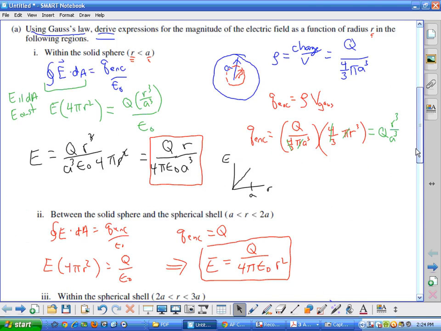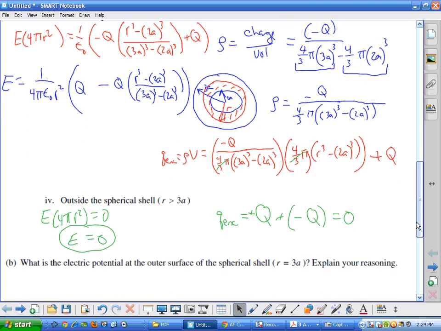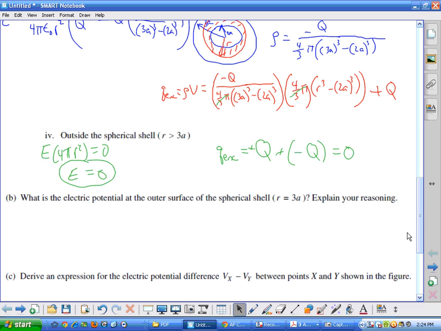It would not be enough to just say, since the electric field is 0, the voltage is 0. You would need to explain a little bit, at least in terms of an equation. But the absolute value of the change in voltage is the absolute value of the integral of E dot dr, going from r equals infinity to r equals 3a.